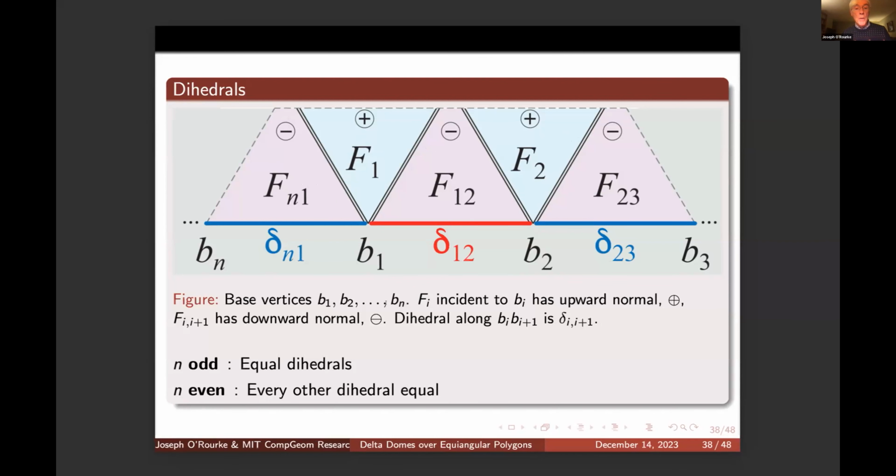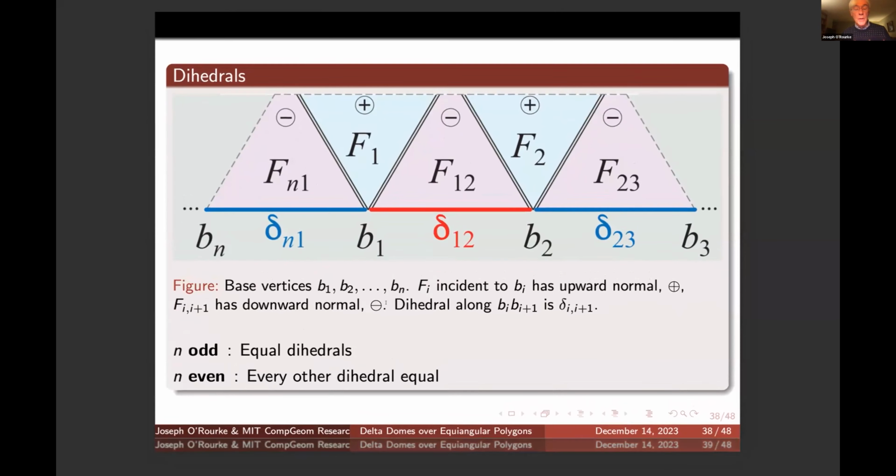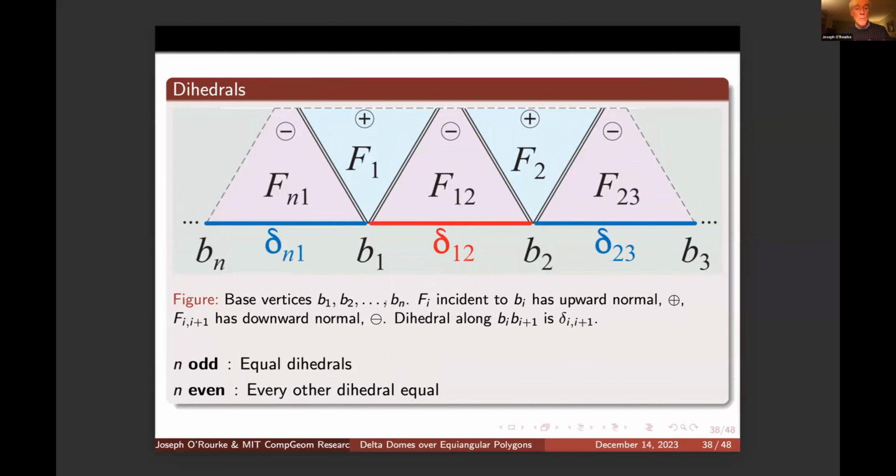And what I want you to believe is that when n is odd, let's say for the 5, although we're supposed to be using 7 and higher, but it's harder to do that with the polydrons. So let me stick with 5 for an odd, that all the dihedral angles of the face attached to an edge are all exactly equal.